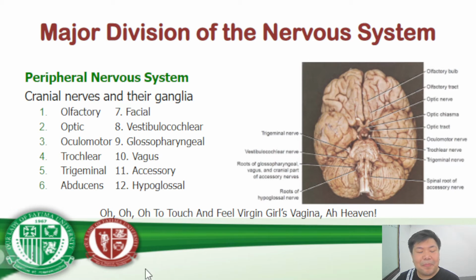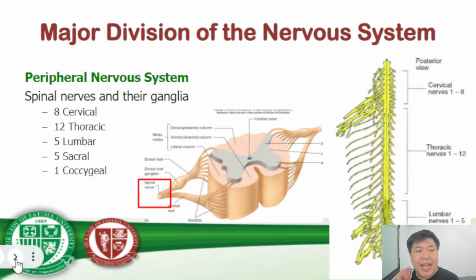All right? And of course, we have your spinal nerves. So the spinal nerves are actually fibers that go beyond the spinal cord, no? Let's take a look at this image right here. We have here the spinal cord, no? Ito ang itsura niya when you cut it in half, no? When you cut it in this manner, pag ganyan, pa side, then you get this view.